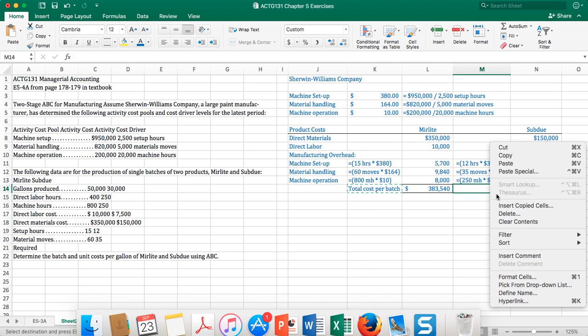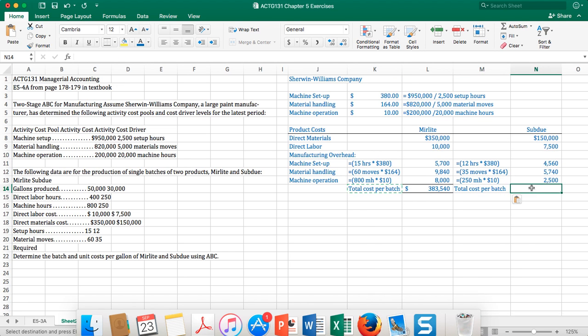Let's do the same over here. Okay, but this isn't our final answer. Remember, we have to determine the cost per gallon.